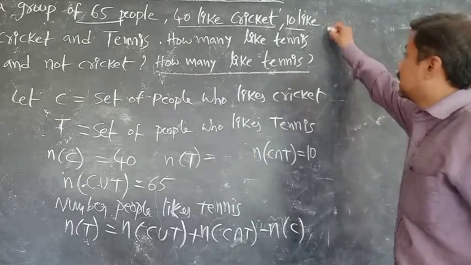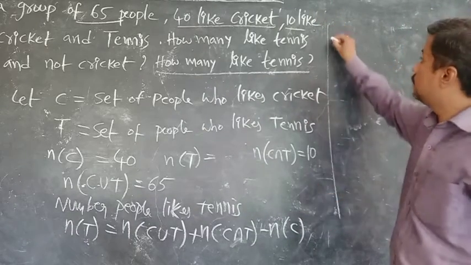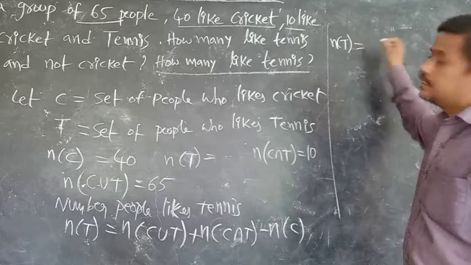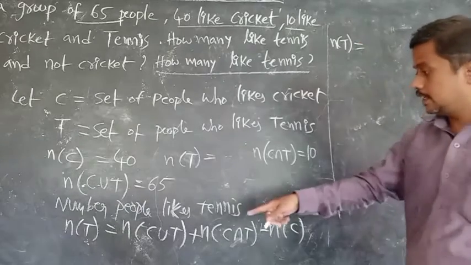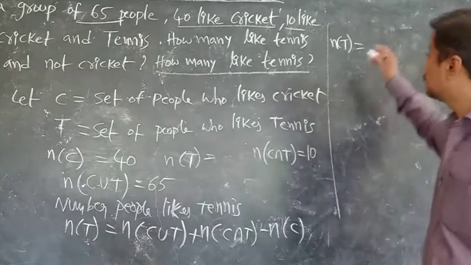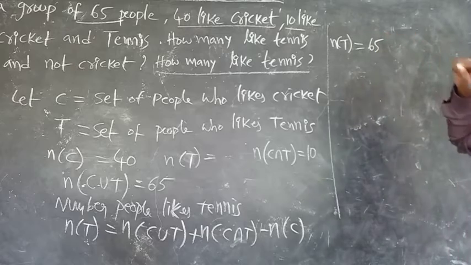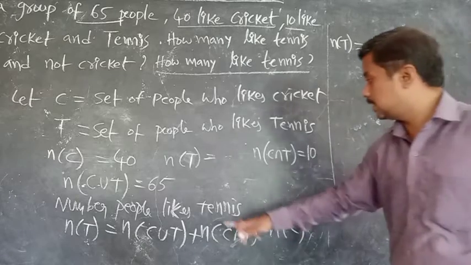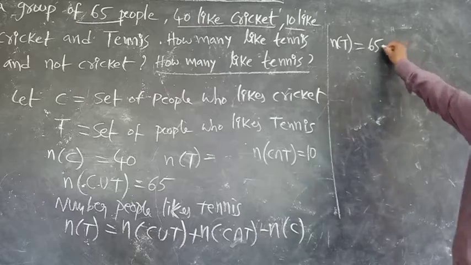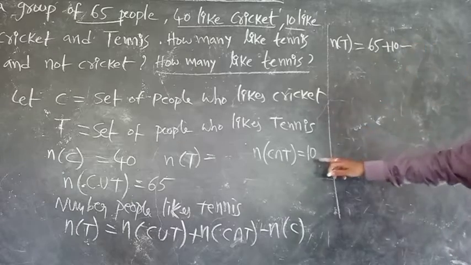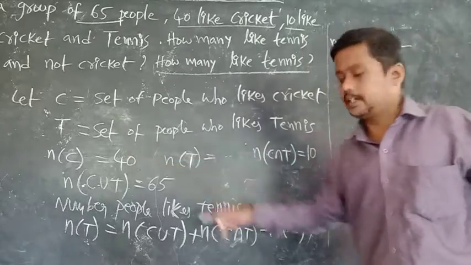I will write here. n of T is equal to n of C union T, 65, plus intersection, 10, minus n of C, 40.